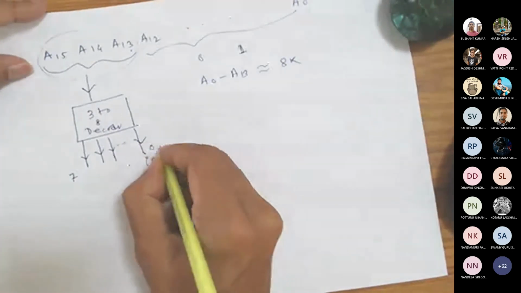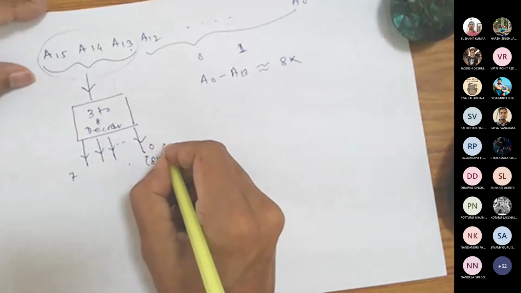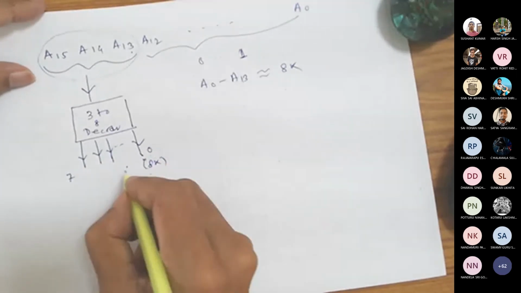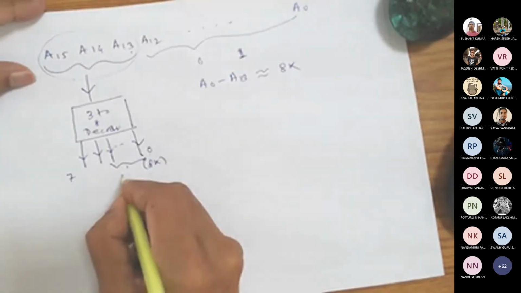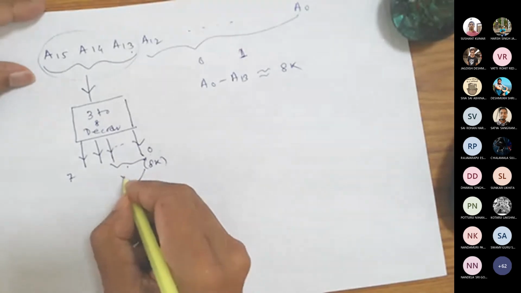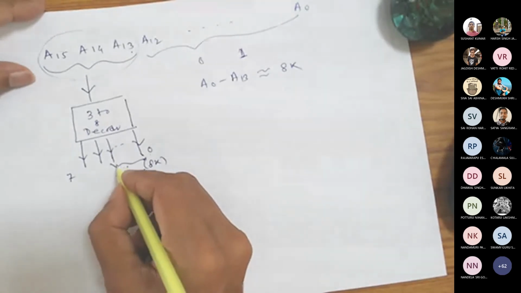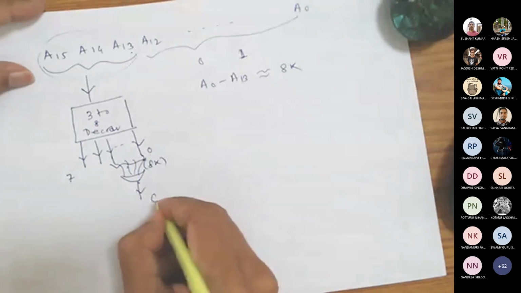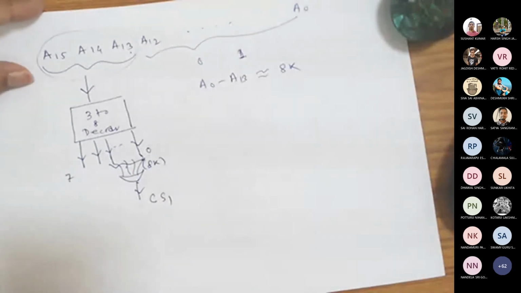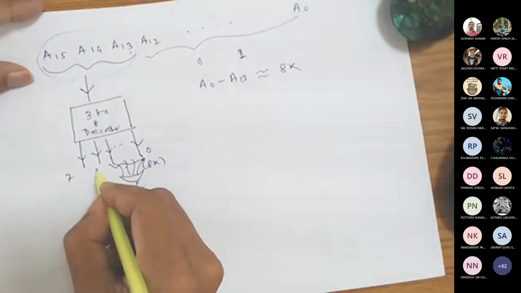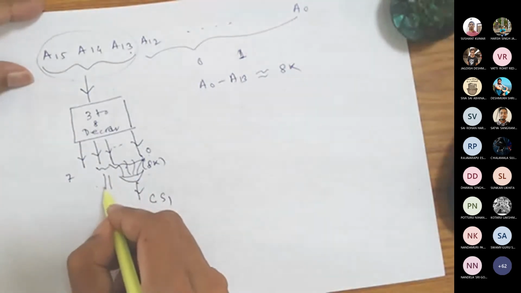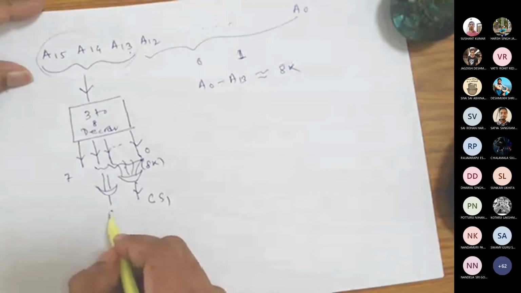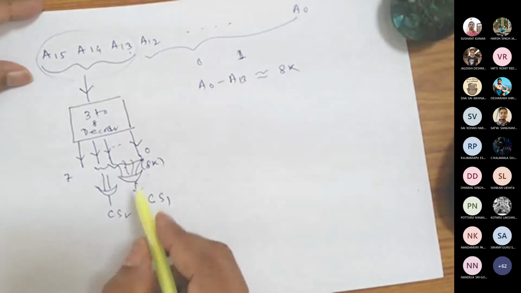So this line is nothing but 8K. If you basically take 4 such lines and make an OR gate, this becomes your chip select 1. The next 2 make 16K. You take these 2 lines, make an OR gate, it gets CS2.